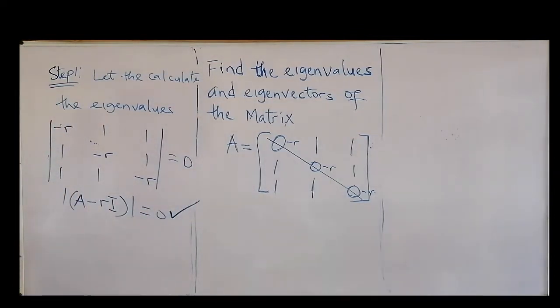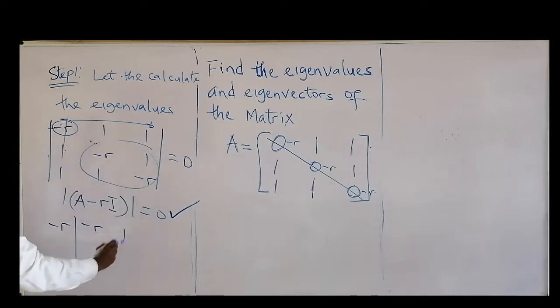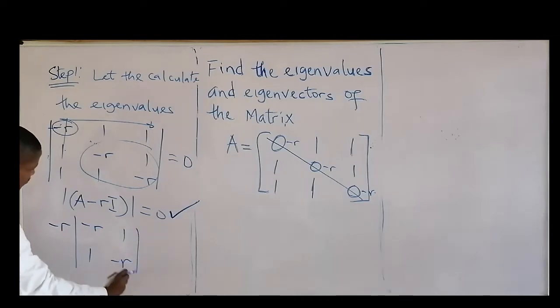Okay? So the determinant now of this matrix, I'm using the first row. This one here, cover it vertical, cover it horizontal. So I have this, and then remain this one, this, and this.